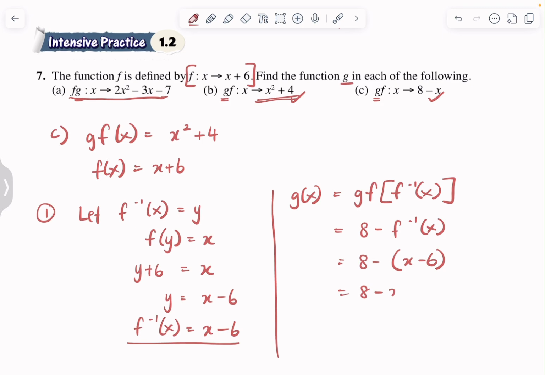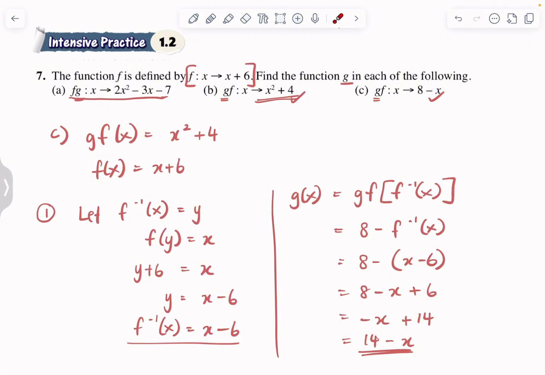So 8 minus (x minus 6), negative x plus 14. You can rewrite this as 14 minus x also can. Done.